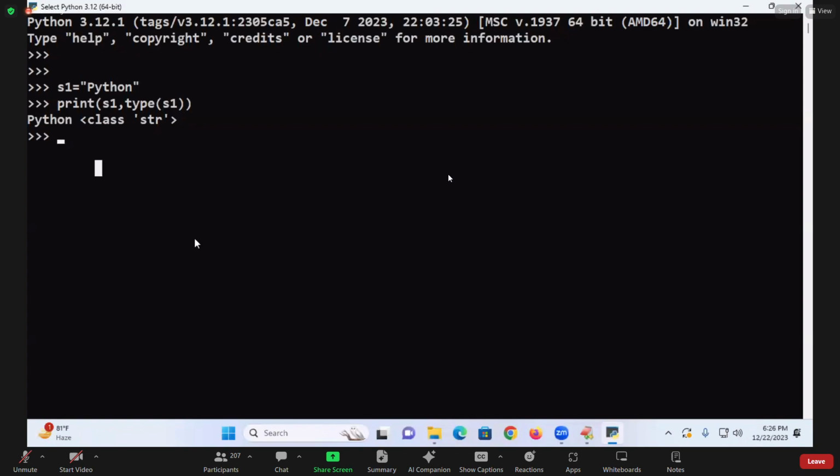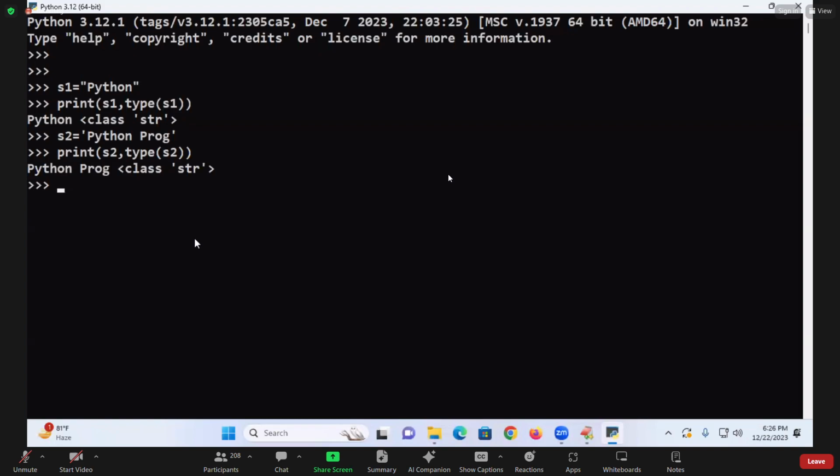Good. Now I will write it. S2 is equal to, single quotes I am writing, Python PROC in single quotes. That is also treated as which type? Str only. Print S2 comma type of S2. And this is also called str.